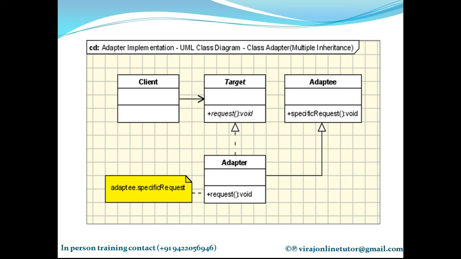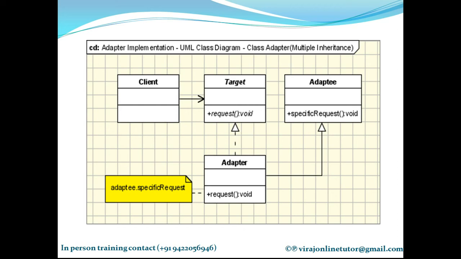So adapters are of two types, object adapter and class adapter. If the adapter contains an adaptee object, then it is an object adapter. And if the adapter inherits from the adaptee class, then it is a class adapter.